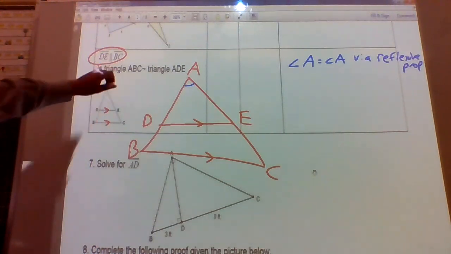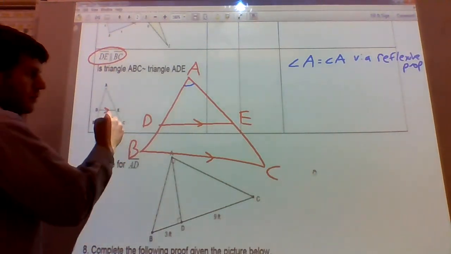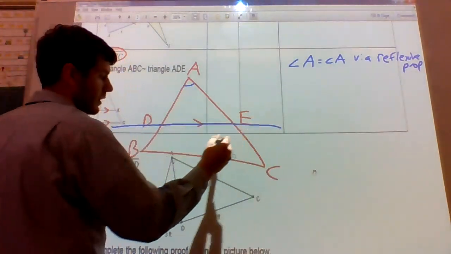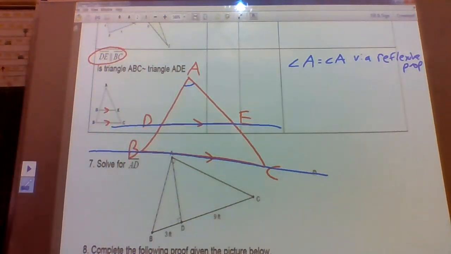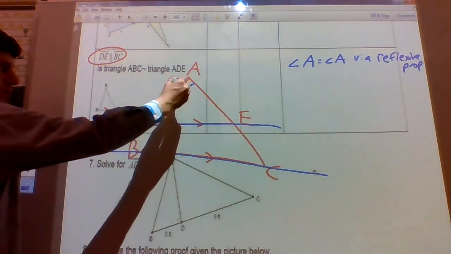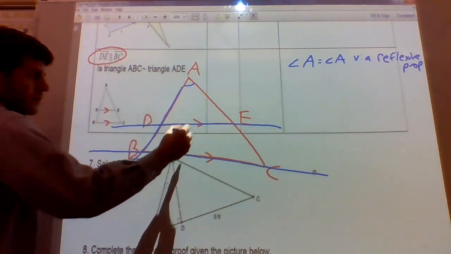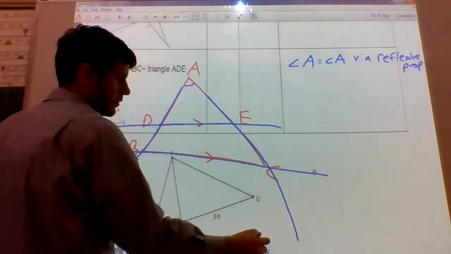We can also use our parallel lines here. We know by the corresponding angle theorem that if we have two parallel lines intersected by a transversal, so there's our parallel lines, here's our transversal, corresponding angles are going to be congruent.